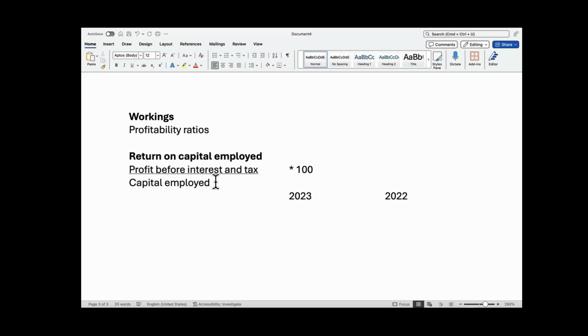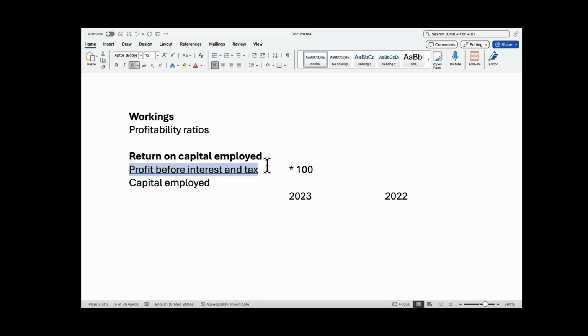And it makes sense to use capital employed as equity and fixed interest debts because this PBIT is a profit that belongs to both the equity holders and the debt holders, because this is PBIT, profit before interest and tax.